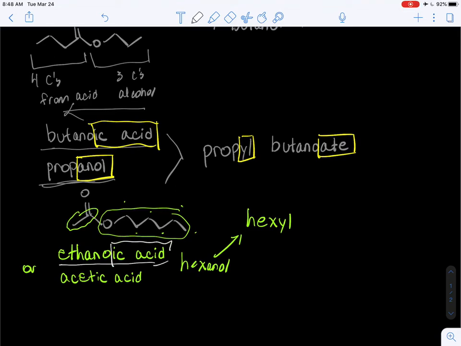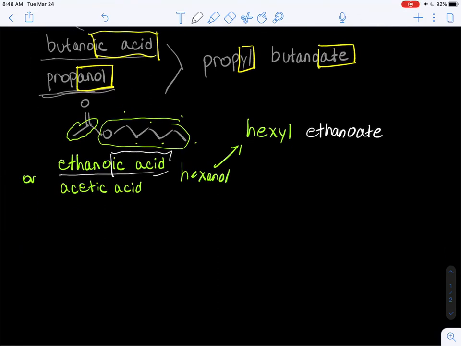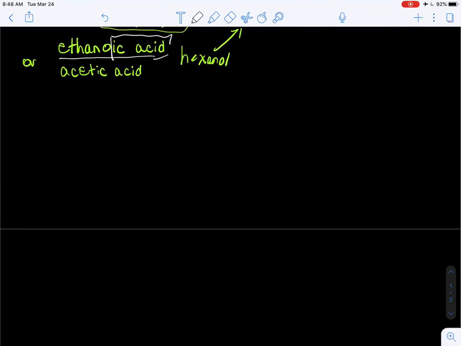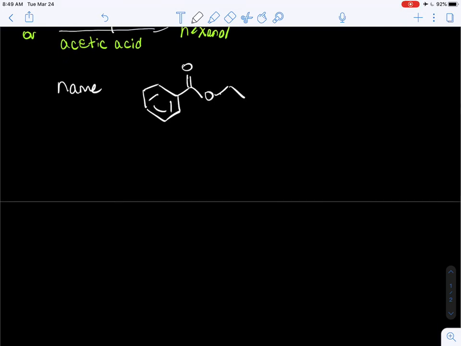So that's going to be hexyl ethanoate. Okay. So for your homework, for your practice, try to name these carboxylic acids.